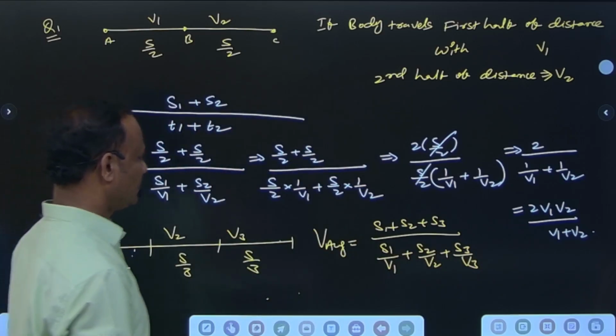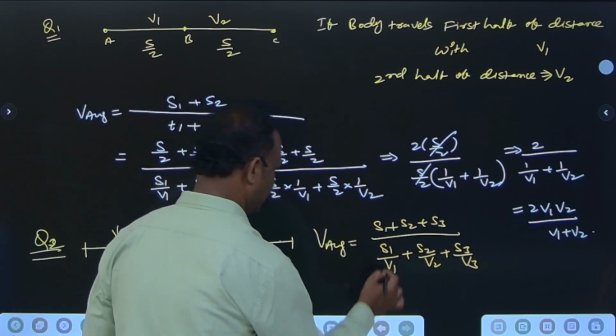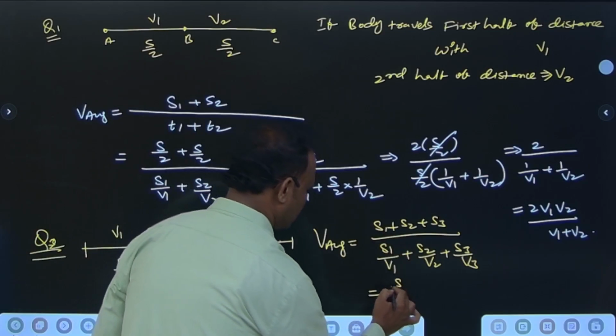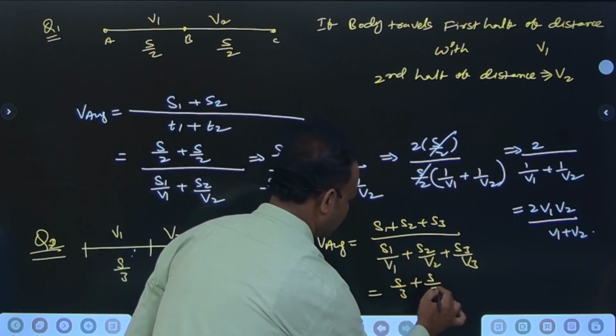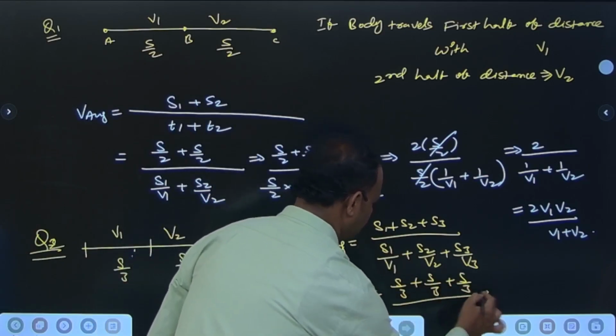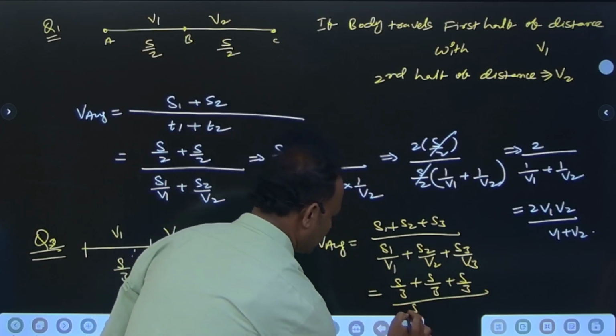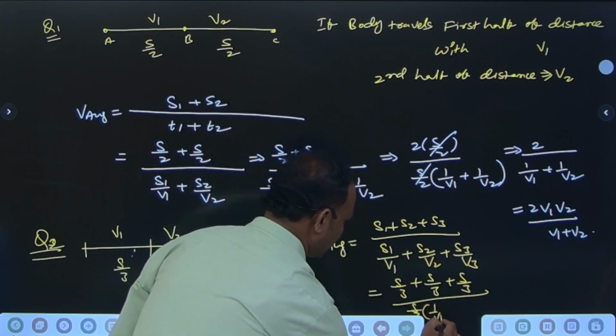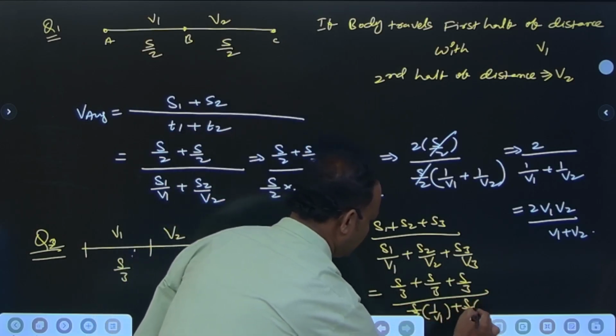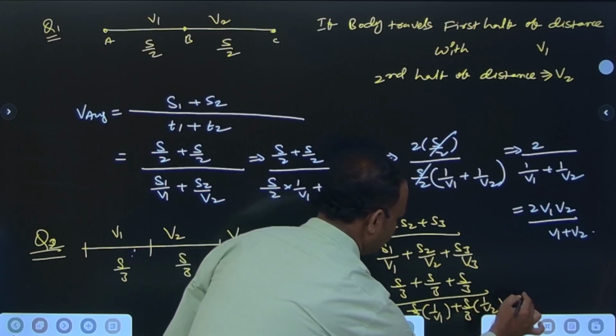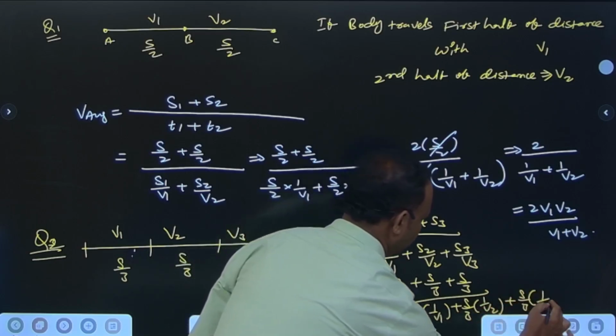If you substitute this, S1 means S by 3, plus S by 3, plus S by 3, over S by 3 into 1 by V1, S by 3 into 1 by V2, S by 3 into 1 by V3.